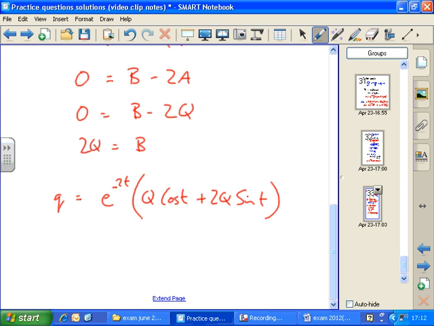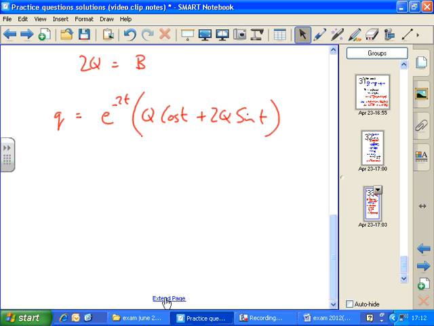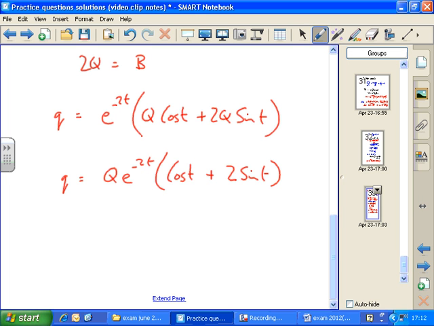And that's our particular solution. We can tidy that up a bit by taking q outside the bracket. So q equals q e to the minus 2t, cos t plus 2 sine t. And that would be the particular solution.